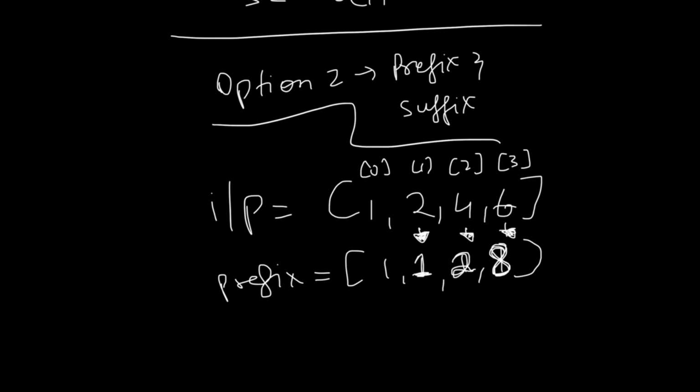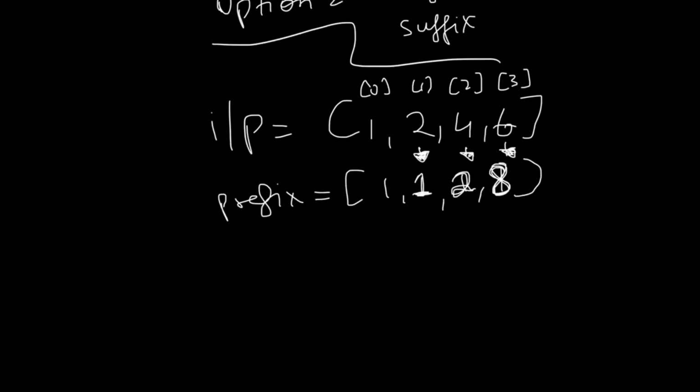So for example, at index 3, the value in the prefix array corresponds to the product of all elements till prefix 2, which also includes 2. That is basically the product of all numbers till 3, but excluding 3. So, that's a prefix array.